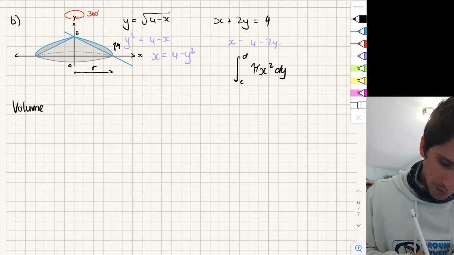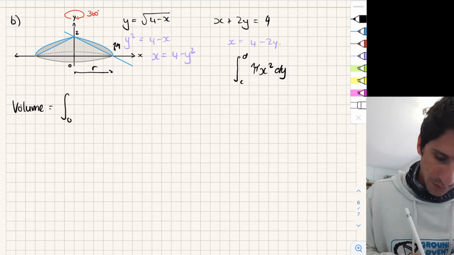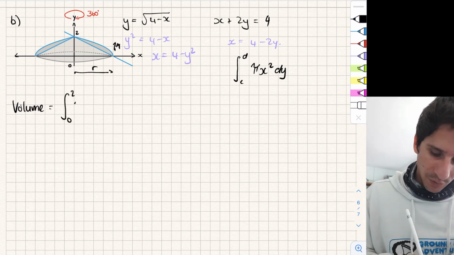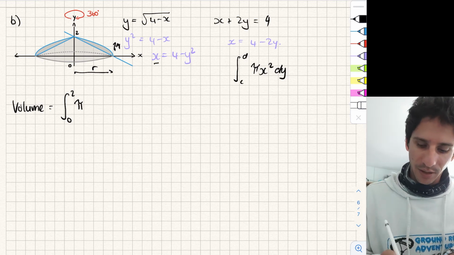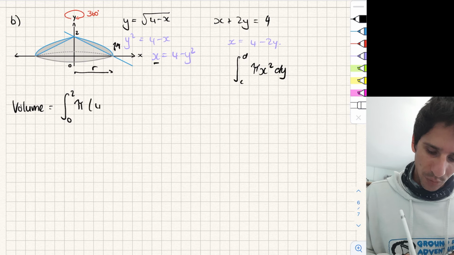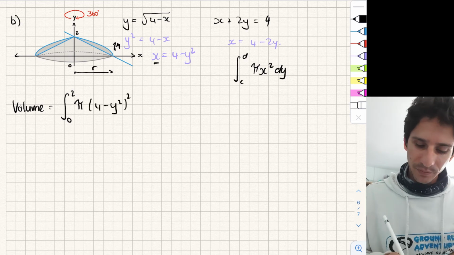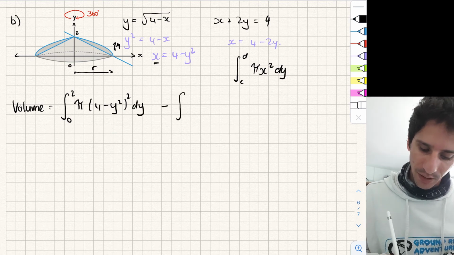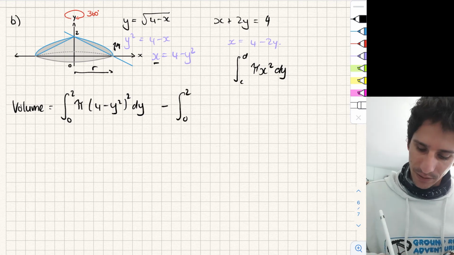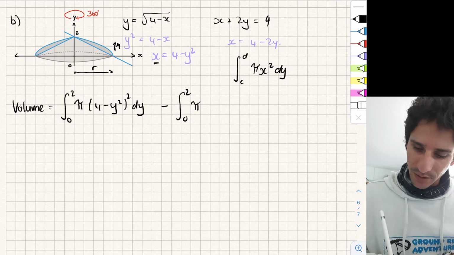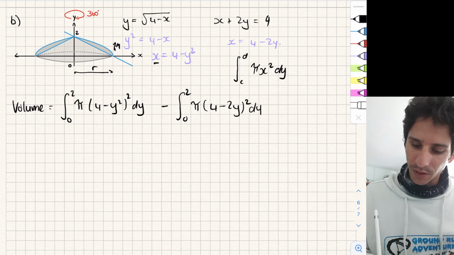Volume is equal to the integral from 0 to 2, and we have pi r squared, or x squared in this case, is just that over there squared, so we have 4 minus y squared, all squared, with respect to y, and we're taking away the inner volume, from 0 to 2, and this is pi. x squared in this case is going to be 4 minus 2y squared with respect to y.